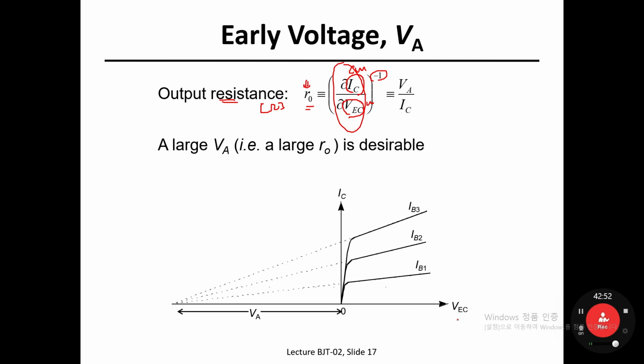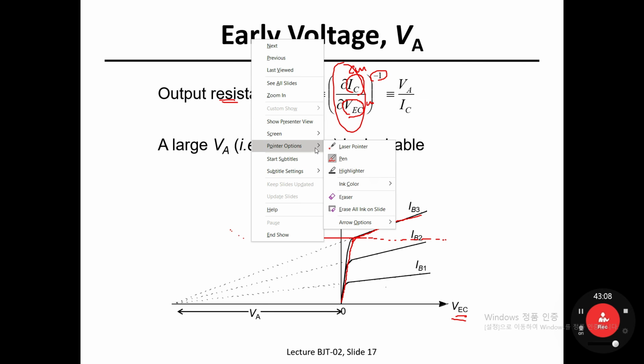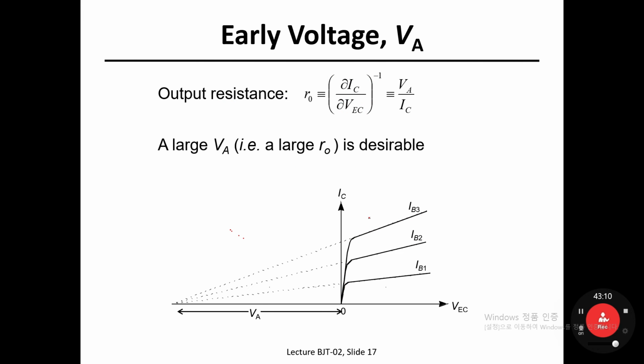So the x-axis is the output voltage, the y-axis is the output current, and in a real BJT, your output characteristic would be like that. The ideal output characteristic would be this, right? A very saturated IC should be demonstrated.